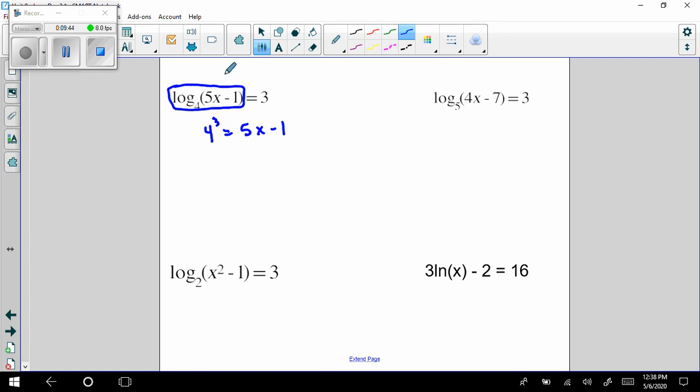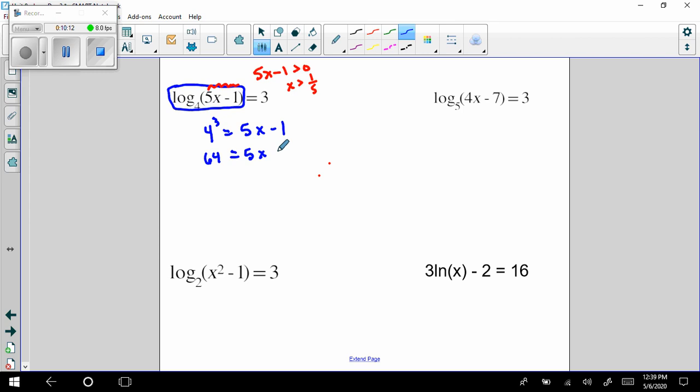One thing I forgot to talk about is this argument. Once you solve for x, it has to be greater than 0. So 5x minus 1 has to be greater than 0. That means your x has to be greater than 1/5 in order for this logarithm to be defined. Okay, so 4 to the third is equal to 64.